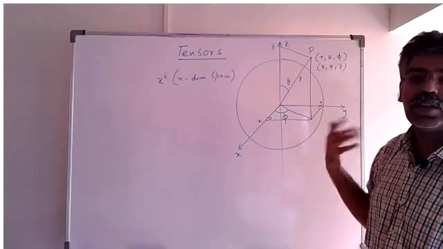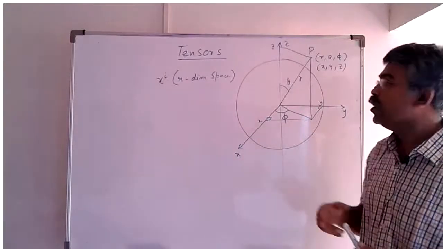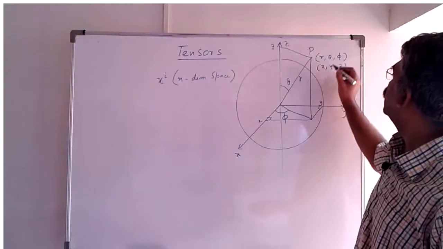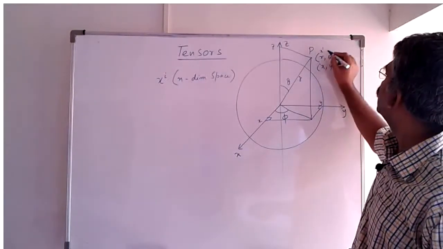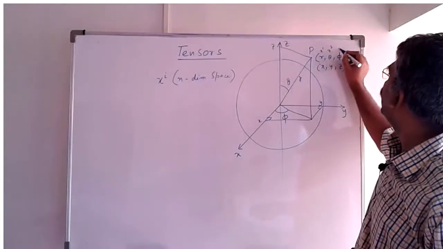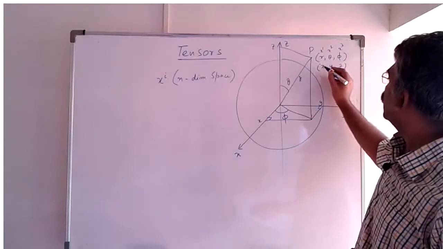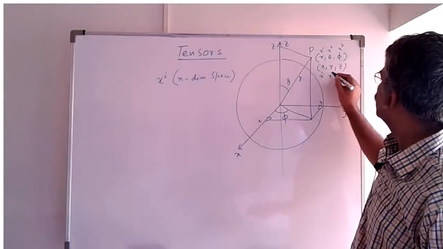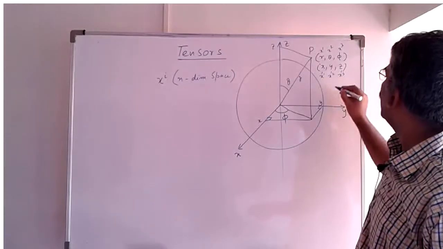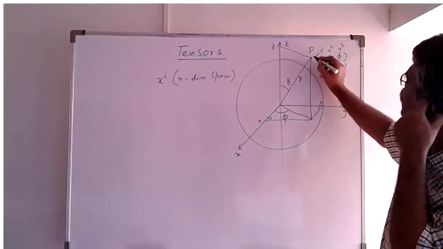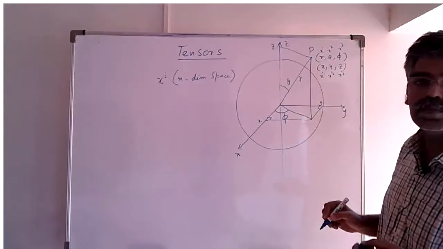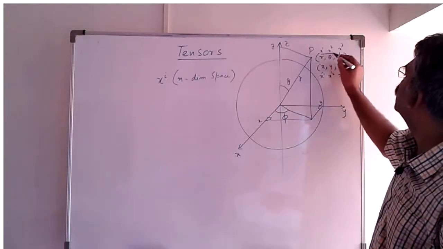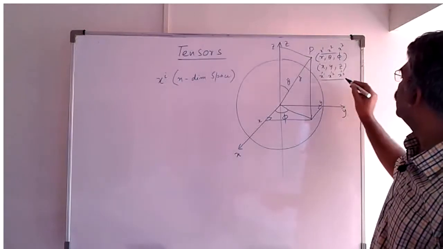That transformation is very important, that we shall be doing. You can consider this r, theta, phi as x1, x2 and x3, and consider this x, y, z as x1 prime, x2 prime and x3 prime. So the same physical point P can be represented by this and by this label.